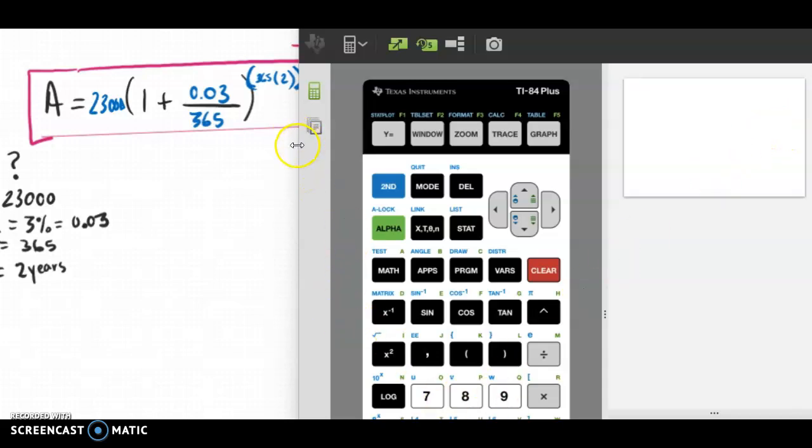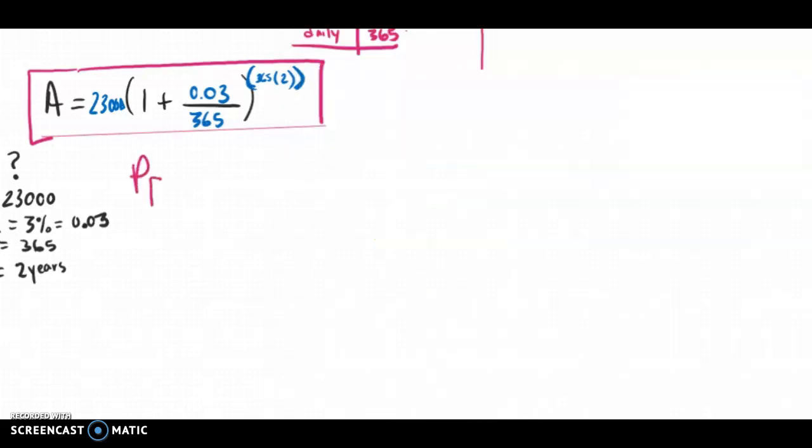But if you were doing this in pieces, then you have to keep in mind the order of operations. You want to do what's in the parentheses first, then raise it to the exponent, then multiply it by the 23,000. The order of operations goes parentheses, exponents, multiplication and division left to right, and addition and subtraction from left to right.